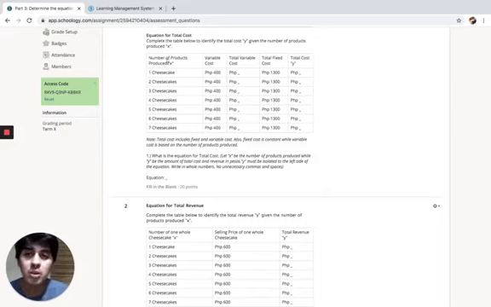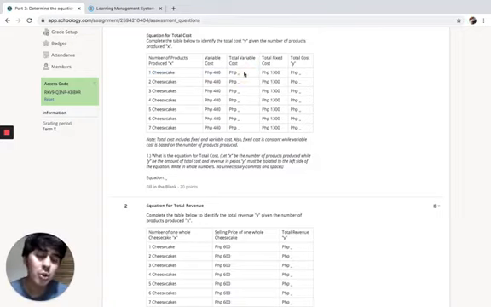The students need to relate these variables, and they can relate them by using an equation. For the total cost, given the definition of a variable cost that it is based on the number of products produced, a student can determine that to get the total variable cost, he needs to multiply the number of cheesecakes with the variable cost.